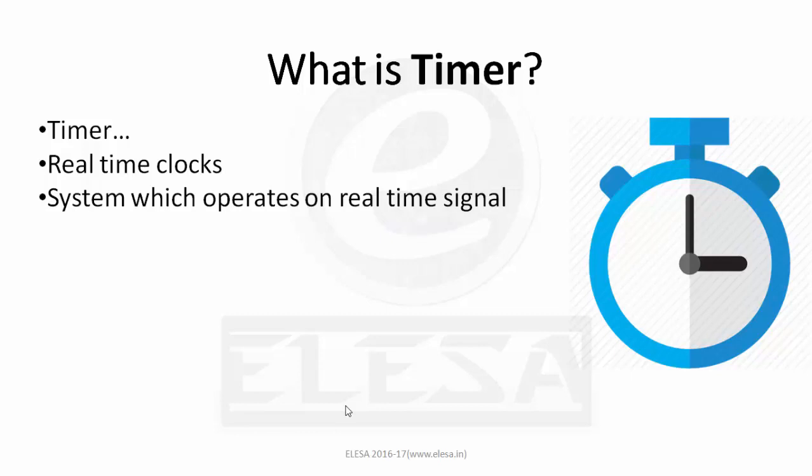If it doesn't have a timer, then it may happen that the machine stores my audio in a very fast mode or in a very slow mode. So when we hear this again, we will get a slow motion audio or a very fast motion audio. How will it know what the time flow of my signal is? So timer is of utter importance and its knowledge is very important for us as electronics engineers.